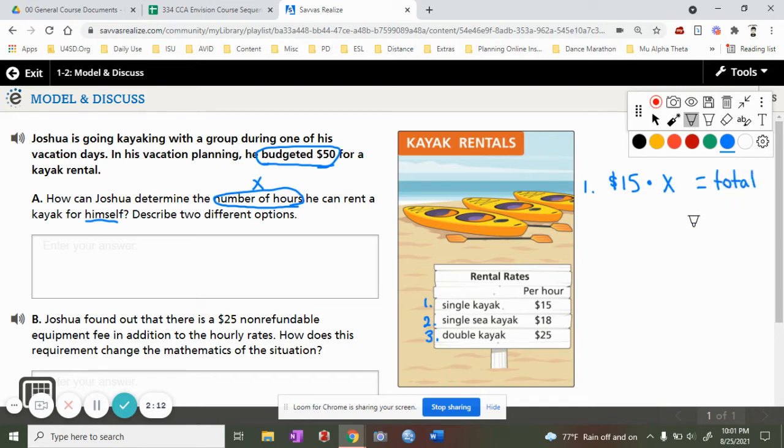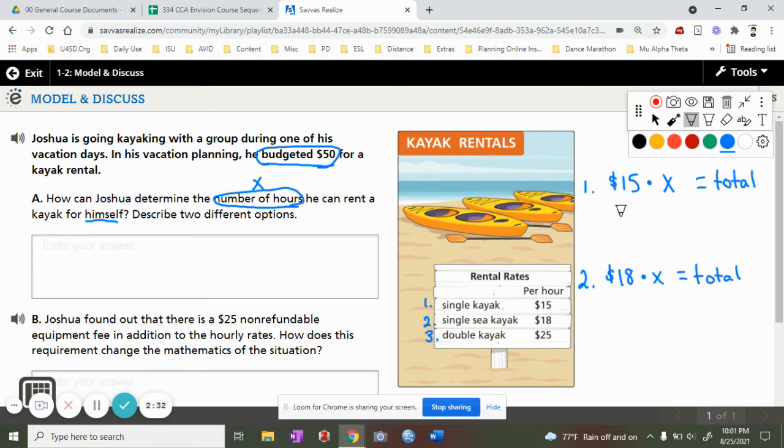What is my maximum total? $50. Okay. The second option is the $18 per hour. So 18 times x equals my total.